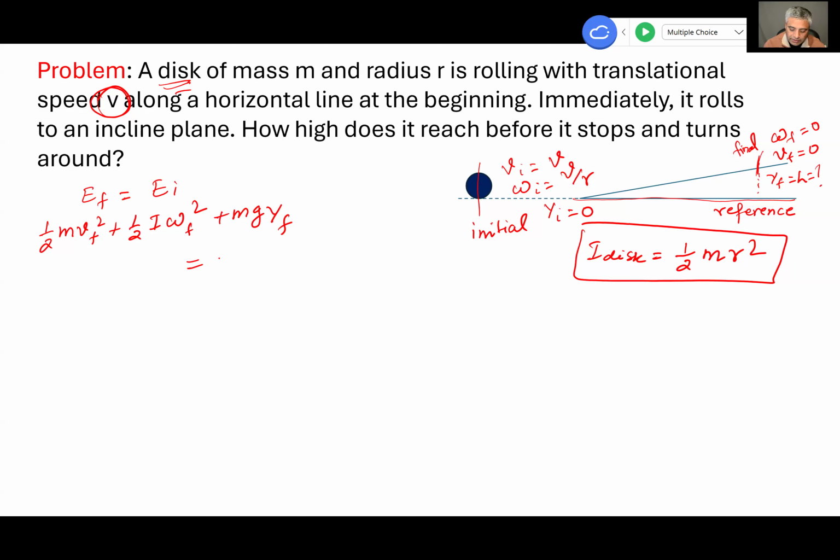And we repeat that for the initial side. Okay, so that is how far I went.